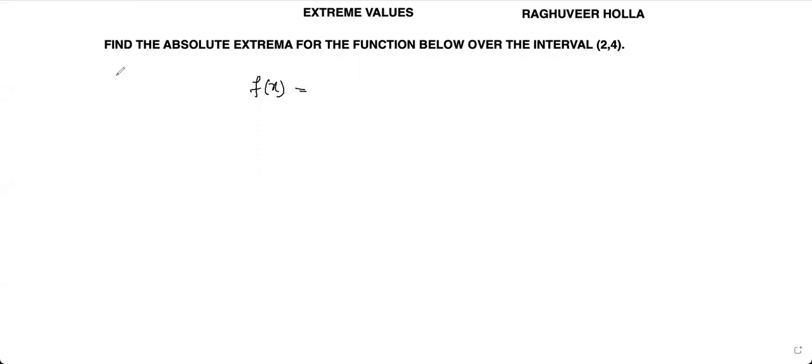Now let us find the absolute extrema for the function below over the interval 2 to 4. So your function f of x is 2x power 4 minus 8x cubed. Okay. So let us solve this. For the interval 2 comma 4, that is x lies between 2 and 4.